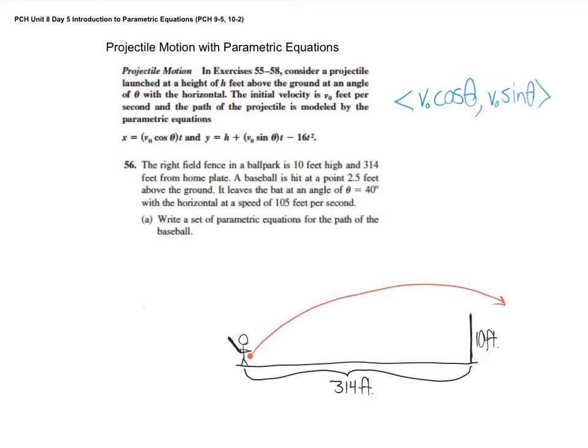But here's the thing. It leaves the bat at an angle of 40 degrees. So this initial angle is 40 degrees with the horizontal at a speed of 105 feet per second.